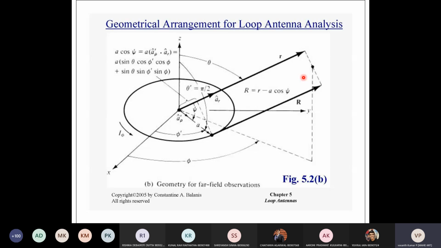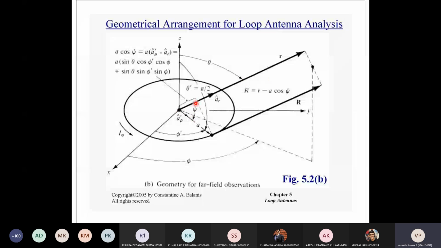Now this is for a faraway point. If you consider a faraway point, capital R and small r are parallel. The difference between capital R and small r is a cos psi, where a is the radius of the loop and psi is the angle with the xy plane and small r.